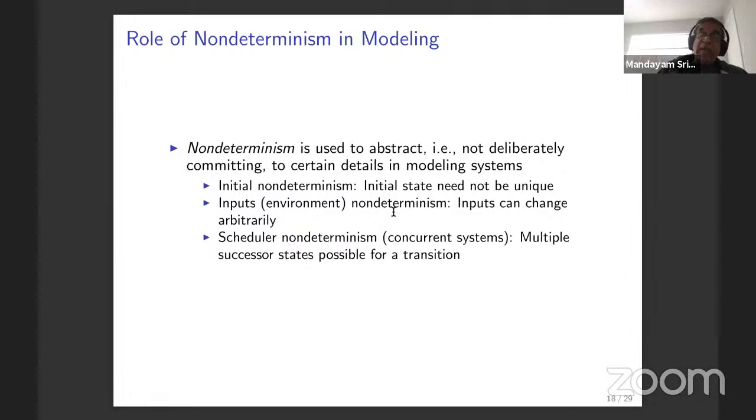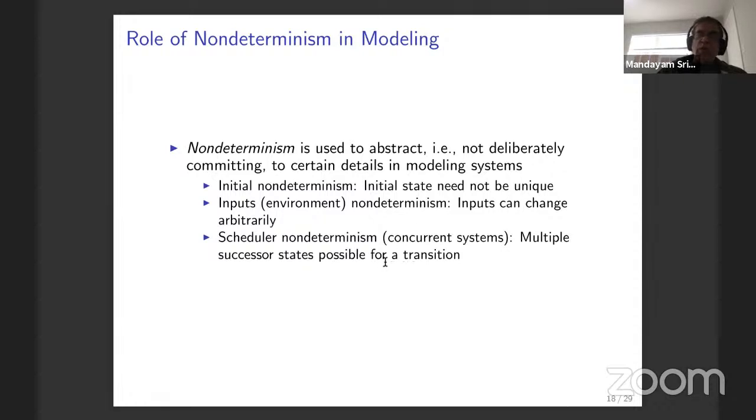And sometimes we use non-determinism to throw away some details about certain aspects of the system itself. For example, when you model multi-threaded or concurrent programs, the process that is chosen to execute next is determined by the scheduler. Say you only care about verifying properties that you expect to be true regardless of the schedule that an operating system uses for scheduling these processes.